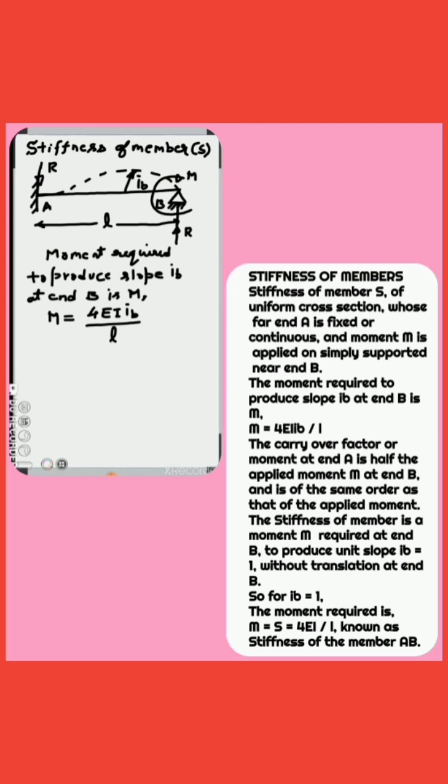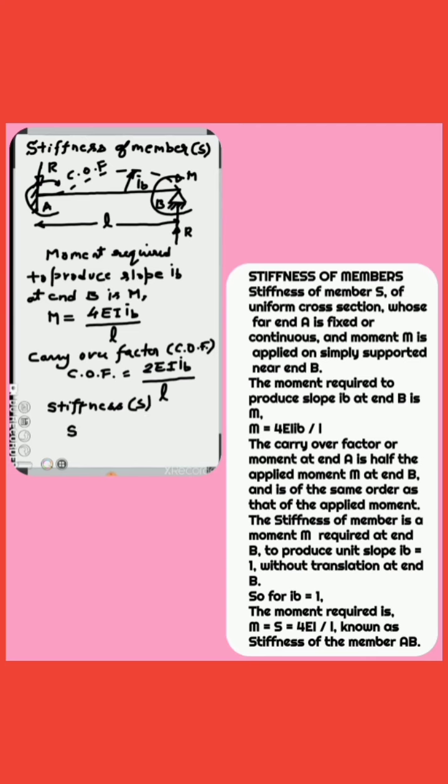The stiffness of member is the moment M required at end B to produce unit slope theta B equals 1, without translation at end B. So for theta B equals 1, the moment required is M equals S equals 4 E I upon L, known as stiffness of the member AB.